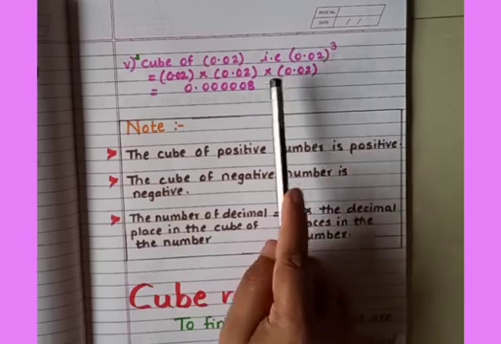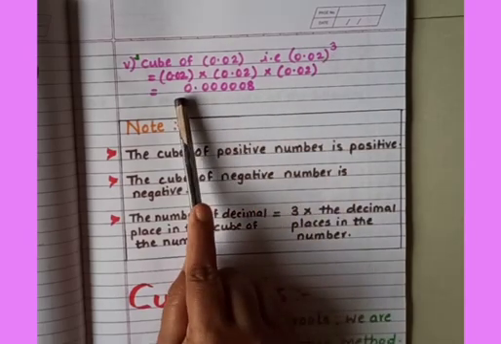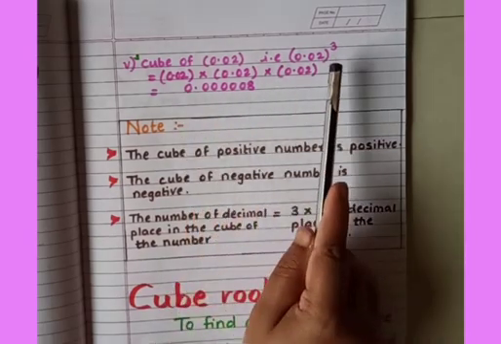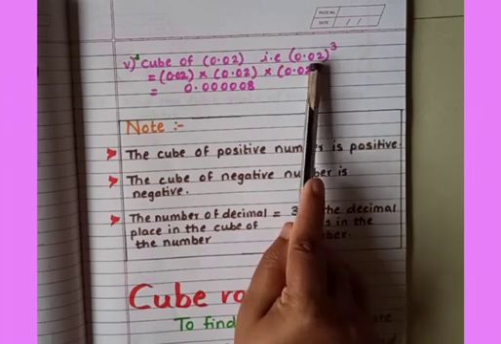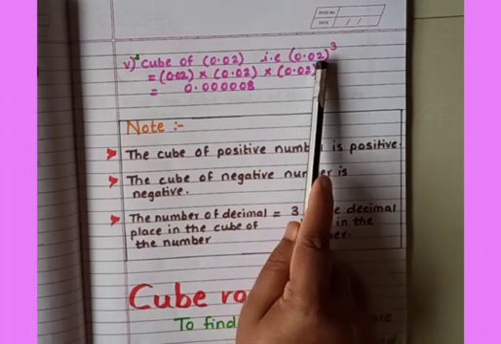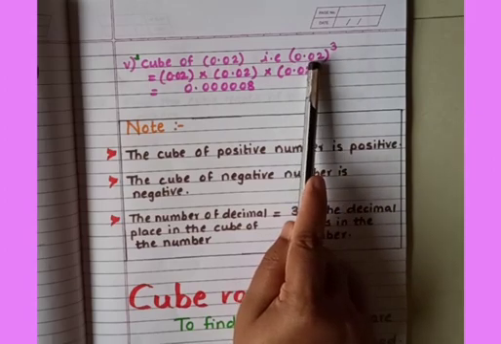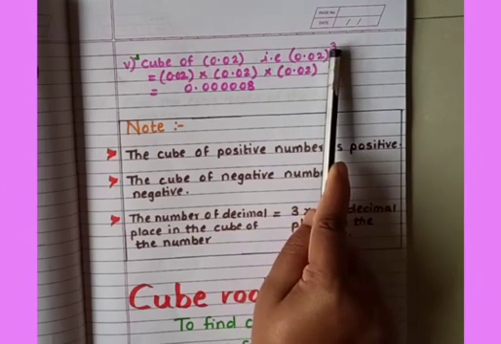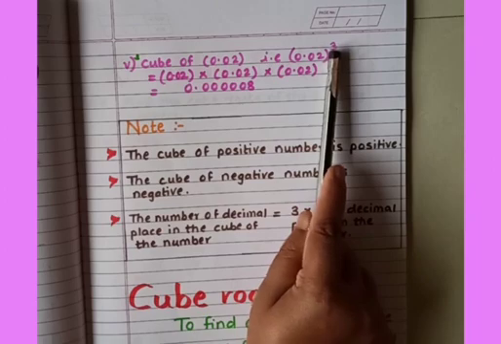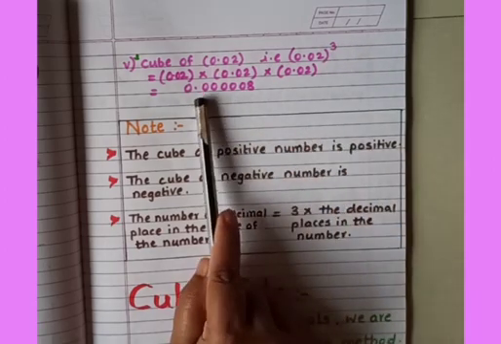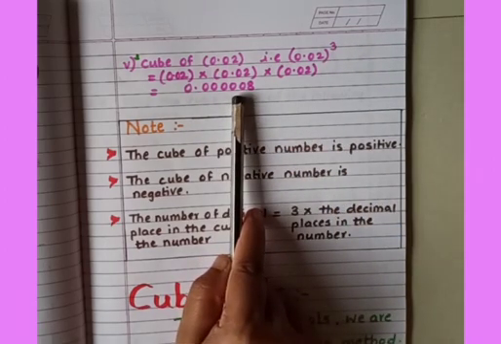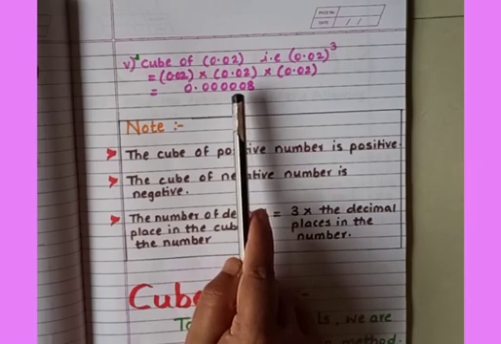Now the cube of 2 is 8. Now what about these zeros? Keep in mind, see here in the question, the decimal point is after 2 digits. So what you will do? After 2 digits, so 2 multiplied by 3 is 6. That means in the answer, we have to put the decimal point after 6 digits.